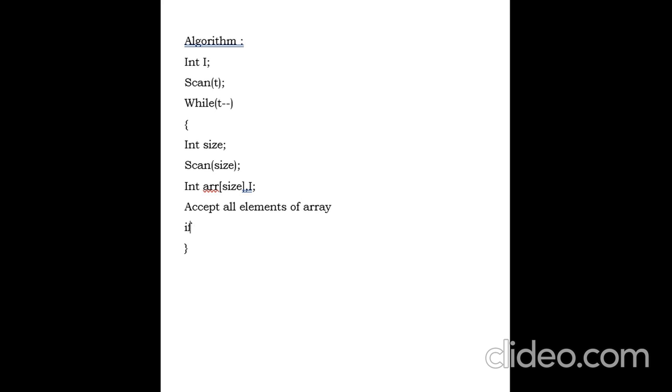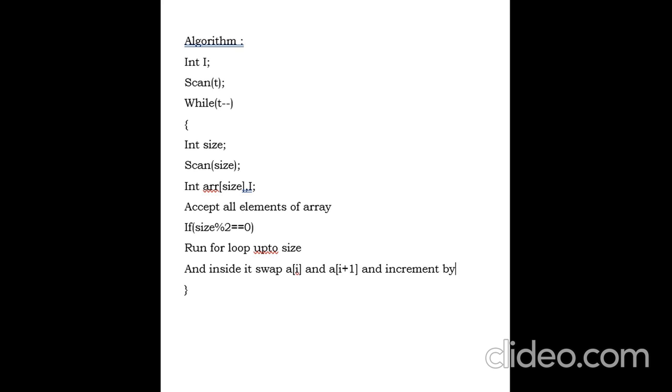If size mod 2 is equal to 0, then run a for loop up to size and inside it swap a of I and a of I plus 1, and increment every time by I equal to I plus 2.